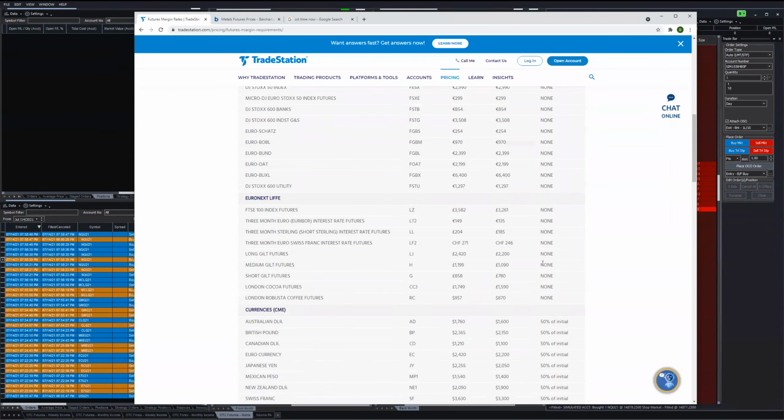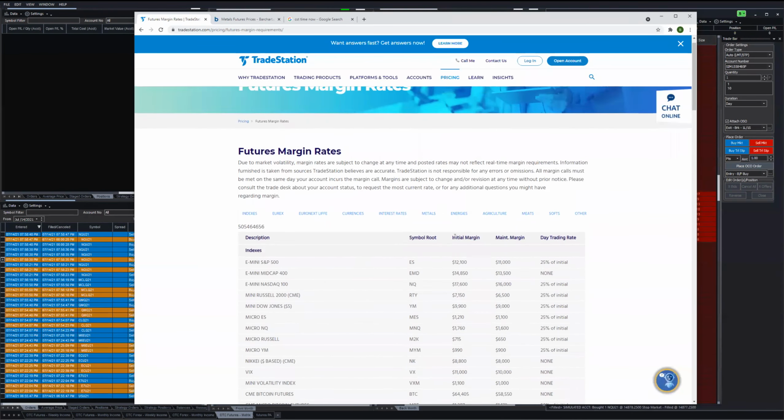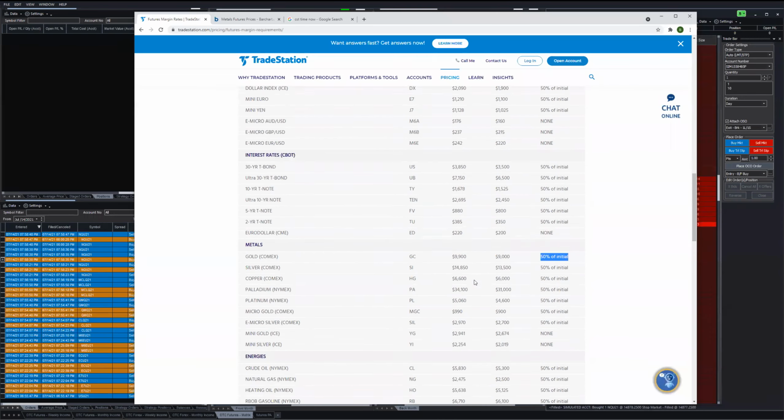What is the initial? Initial margin. So $9,900 divided by 2, right? 50%. So $5,000 roughly you need to open that position on gold.